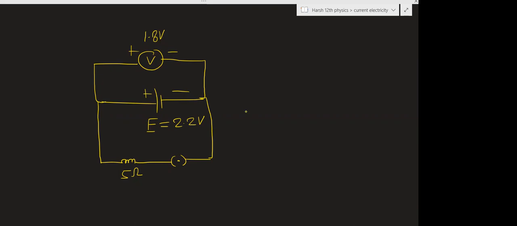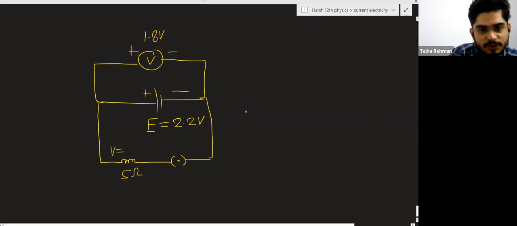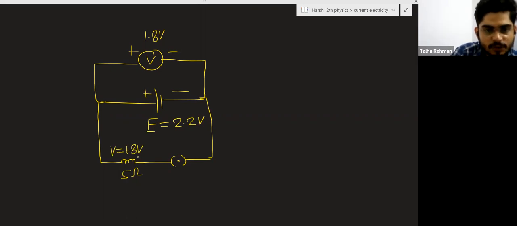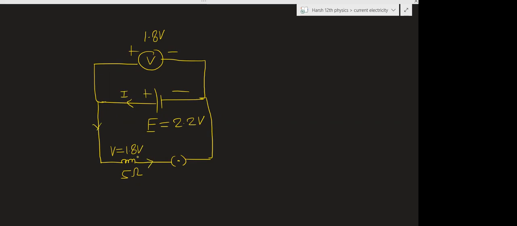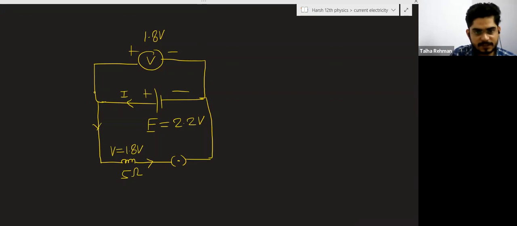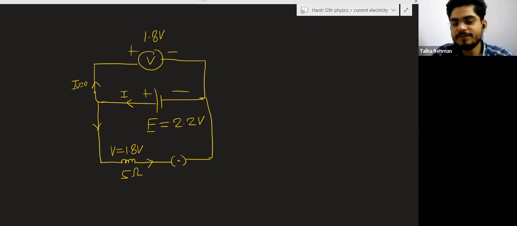So this is the potential difference across this 5 ohm resistance, 1.8, so you can find out the current flowing here. And one thing you should know, that the current in this direction will be almost equal to 0, because in a voltmeter a very small, negligible amount of current flows.